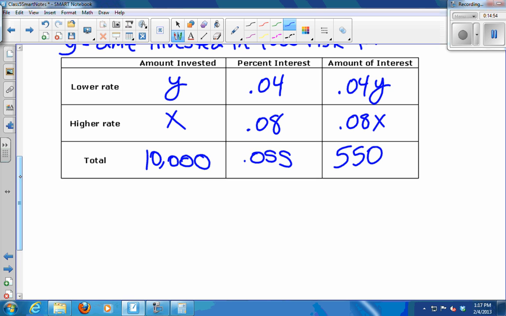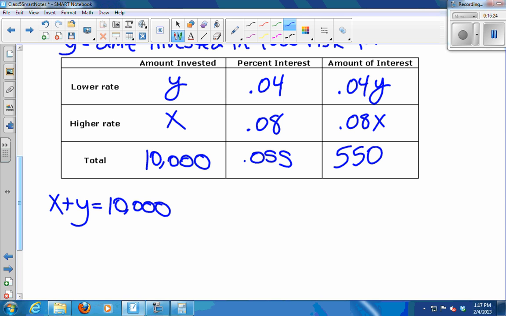Okay, so I have two unknowns here, X and Y, which means I need two equations. You gave me one already. When I was doing this column, we said X plus Y has to add up to 10,000. The amount we put in the low risk plus the amount we put in the high risk has to add up to $10,000. All right, now my other equation is that the amount of money I make from my low risk plus the amount of money I make from my high risk has to add up to $550.